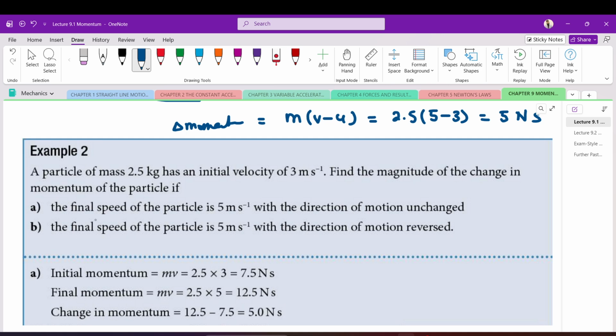Now the question is, find the magnitude of the change in momentum of the particle if the final speed of the particle is 5 meters per second, but the direction of motion is reversed.